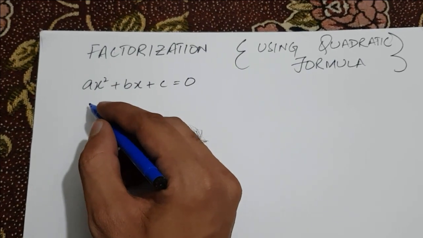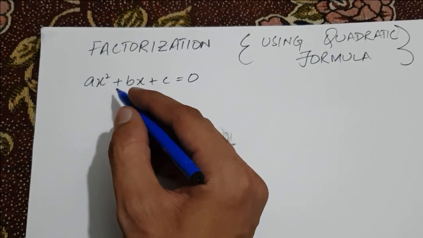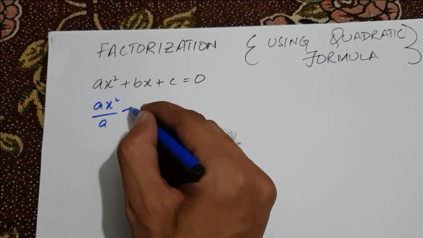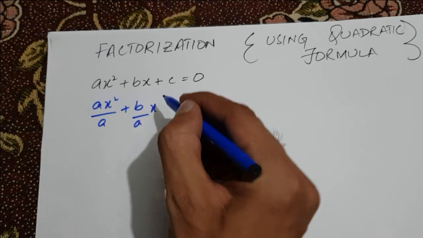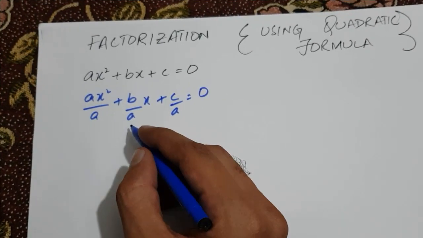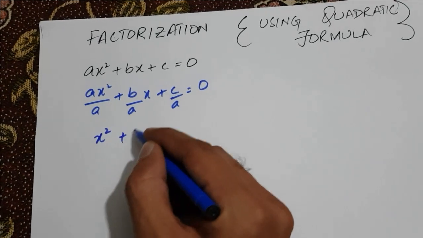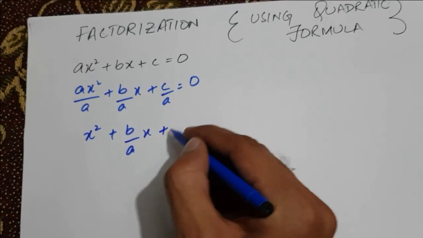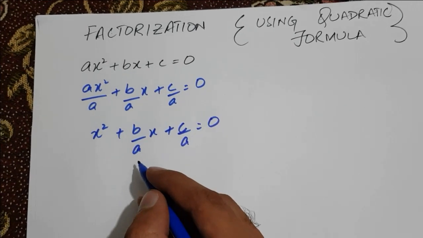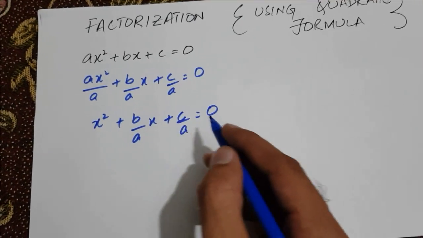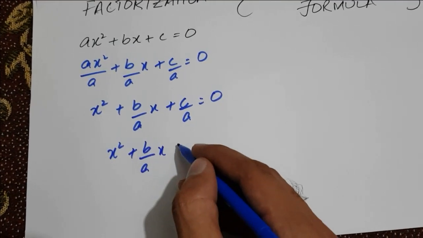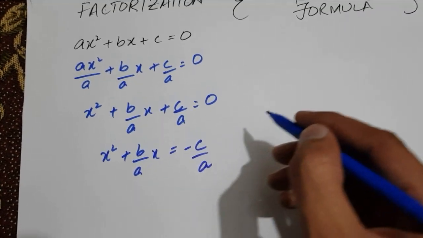First of all, dividing this quadratic equation by the coefficient of x squared, we get x squared plus b over a x plus c over a equal to 0. Shifting the constant term to the right hand side, we get x squared plus b over a x equals minus c over a.